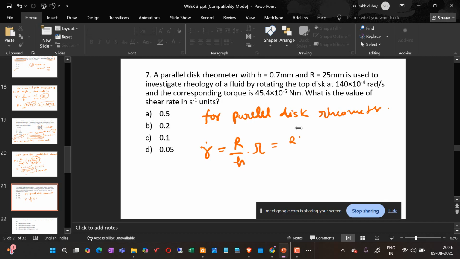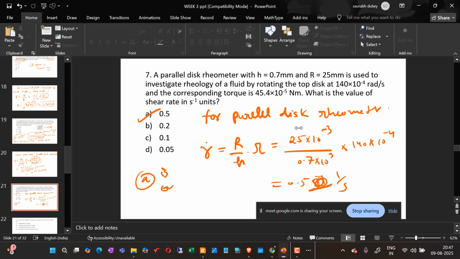When you solve it, 25 into 10 power minus 3 divided by H, which was 0.7 mm, means 0.7 into 10 power minus 3, multiplied by omega. Omega is 140 into 10 power minus 4. You will get 0.5 per second. So A is the correct answer here.